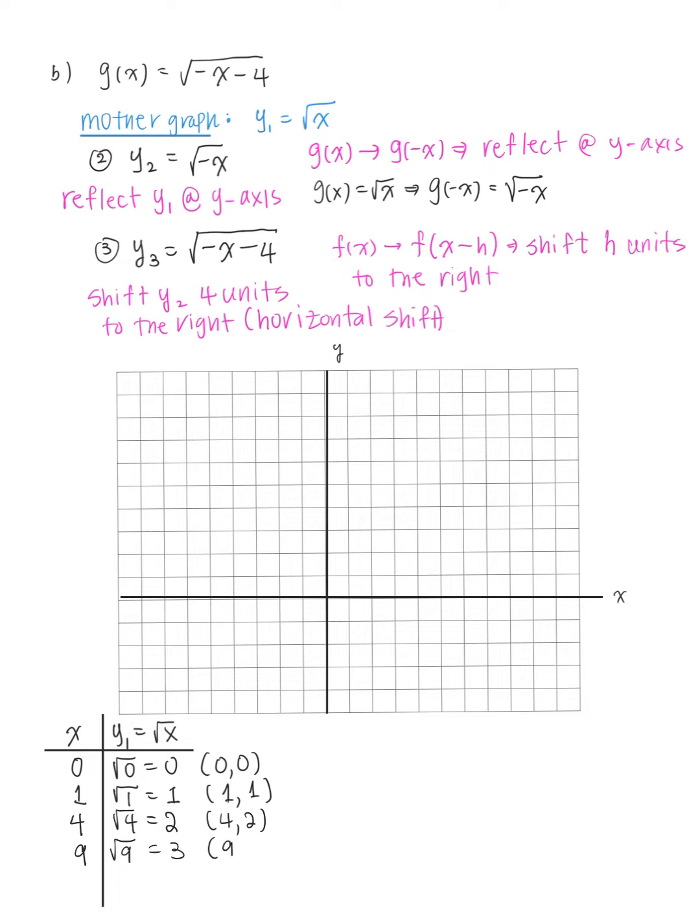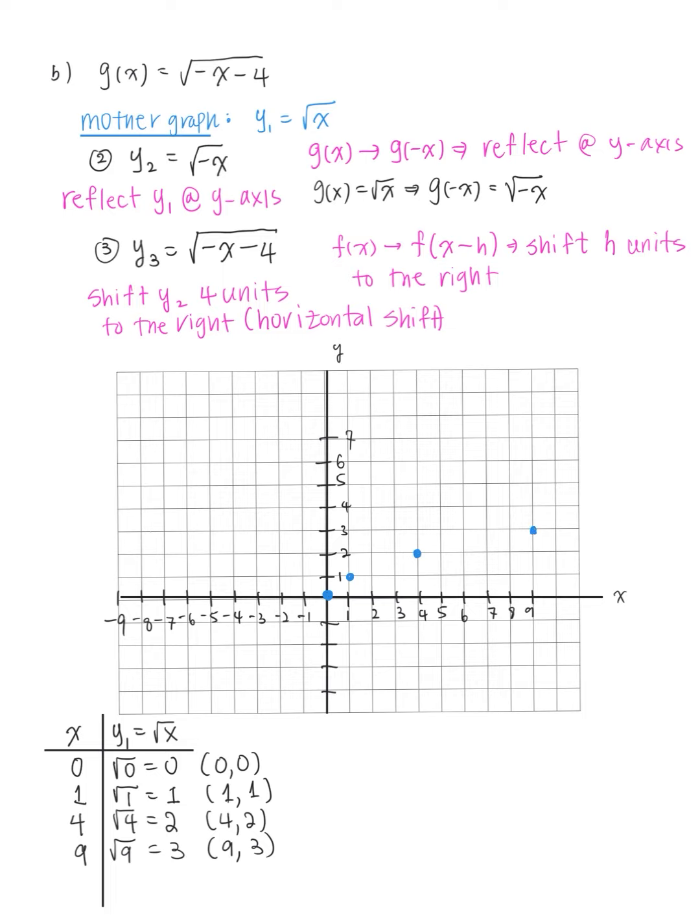So here we're going to have 9, 3. Okay, so let's plot these points. So first we have 0, 0. And then the next one, what do we have? 1, 1. So that will be here. Next one is 4, 2. And then 9, 3.